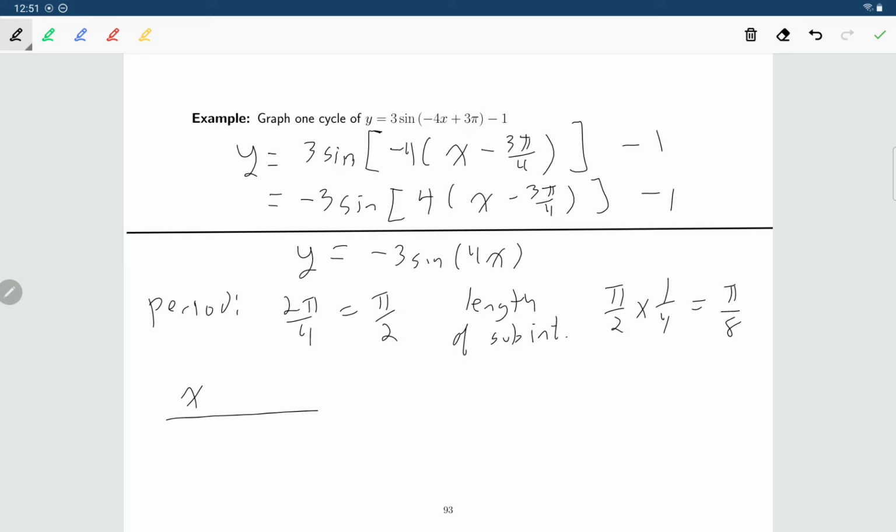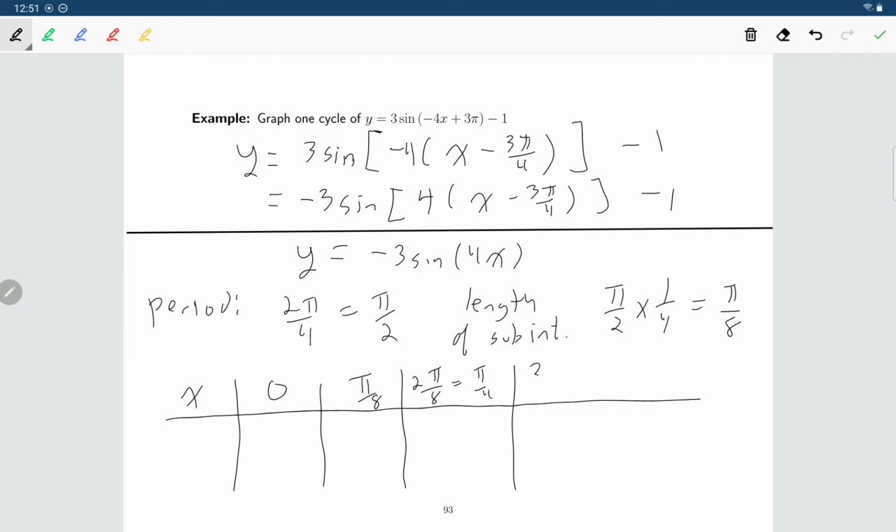So for our x values, starting at 0, going up by pi over 8, 2 pi over 8, 3 pi over 8, 4 pi over 8, and there we go. So those are all of our x values.